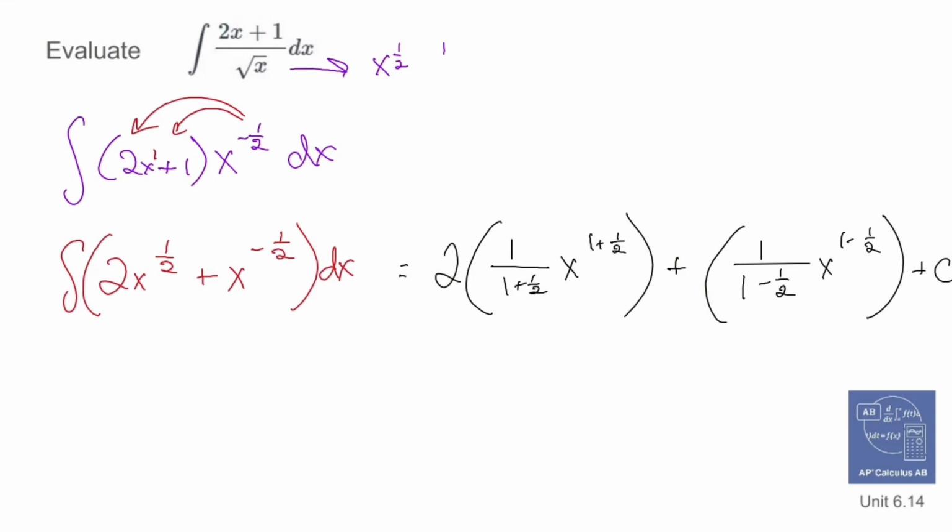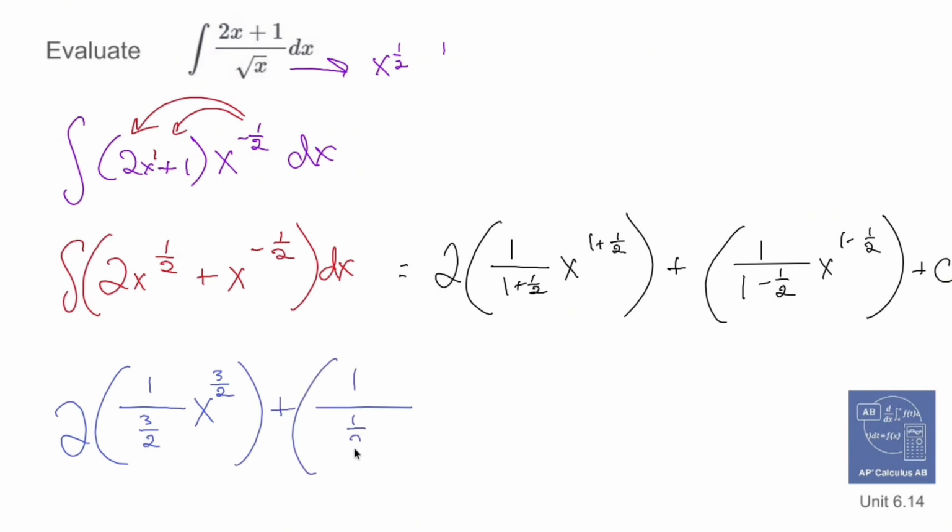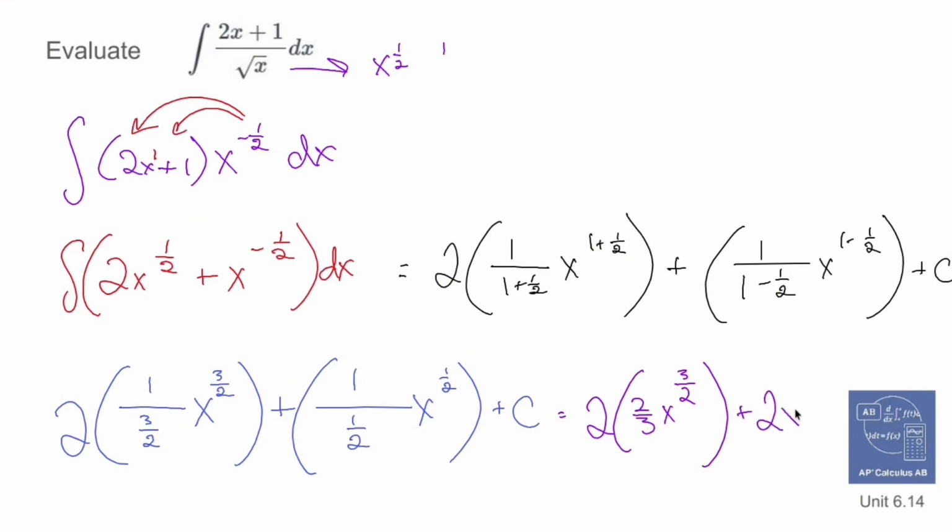So the 1 on the left ends up being 2 times 1 over 3/2, I'll clean that up in a little bit, x to the 3/2, plus 1 over 1/2 x to the 1/2 plus c. That becomes 2 times 2/3 x to the 3/2, and the other just becomes plus 2 x to the 1/2.